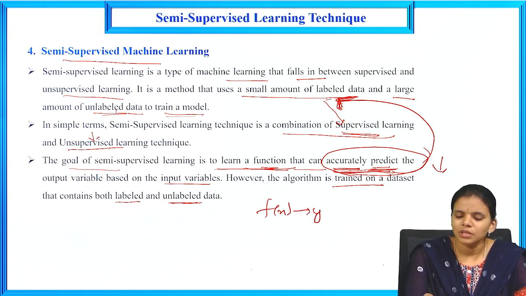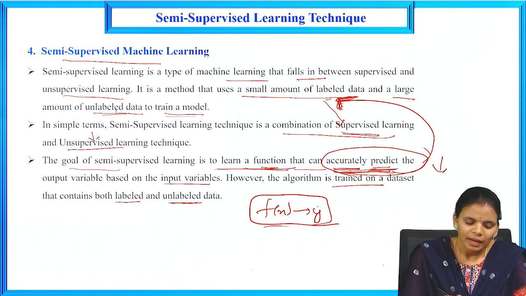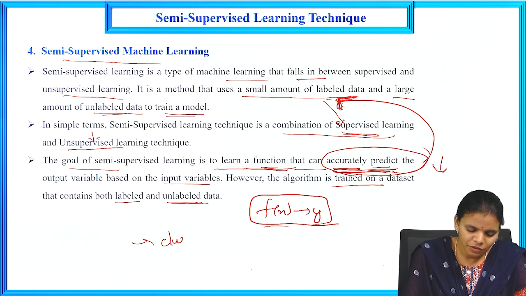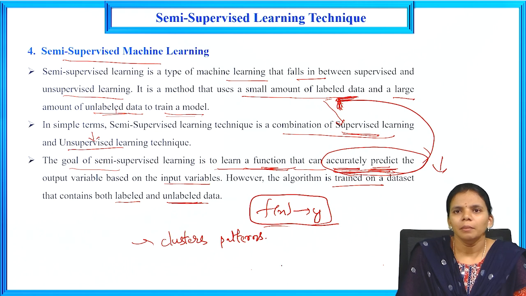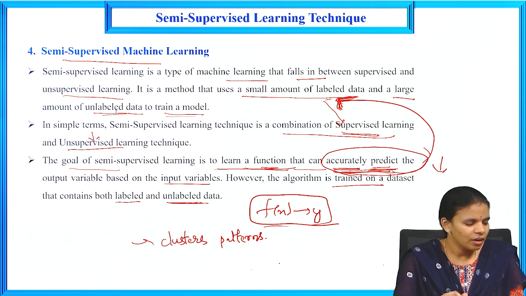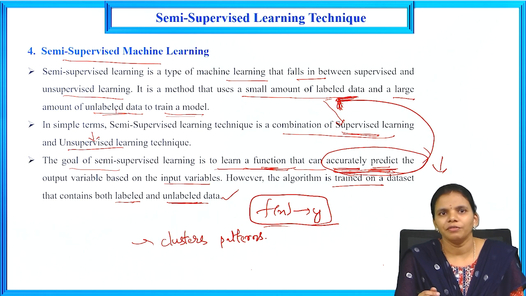Here, by using the labeled data set, the input and output variables are mapped, and by using the unlabeled data set, the categories or clusters will be formed based on the patterns. So now you are using both labeled and unlabeled data sets for training your system. Then it will predict the output for the new test cases.